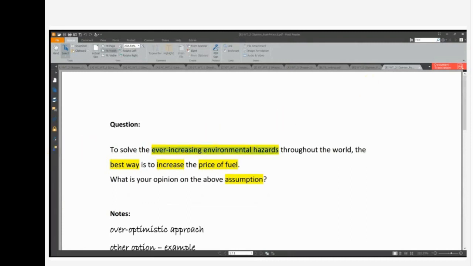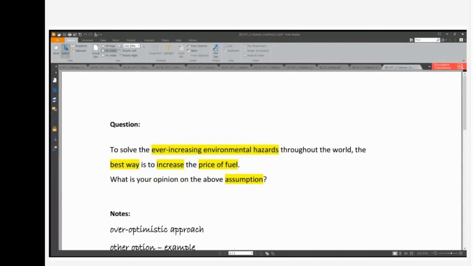The best way is to increase the price of fuel. So this is an assumption that is already taken by some people. Is the best way to increase the price of fuel to tackle the ever increasing environmental hazards? Now you need to give your opinion on that. Let's plan the answer first.